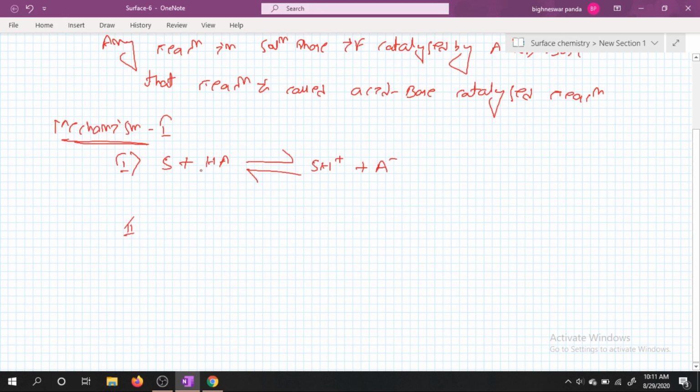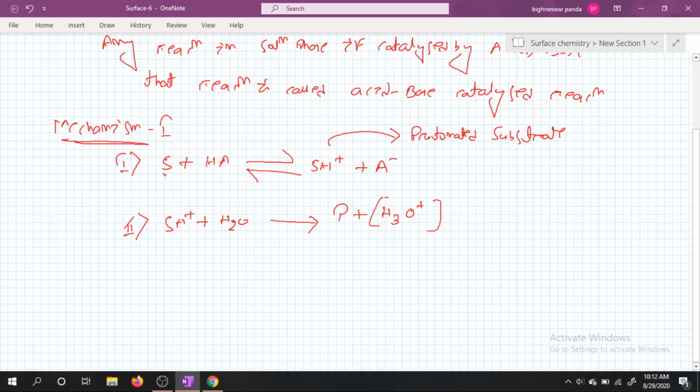Here the substrate reacts with acid to form SH plus, that means SH plus is the protonated substrate. And in the second step, SH plus reacts with water to form the product.